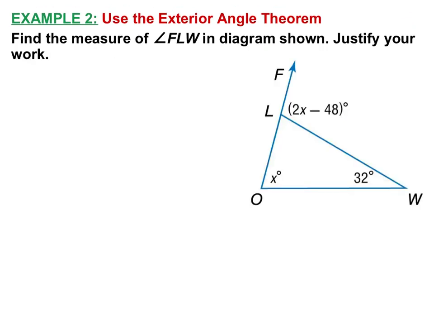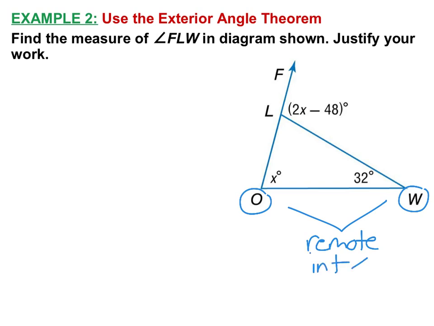Sometimes we have to work with algebraic expressions. We can see here that angle O and angle W are the remote interior angles. They are non-adjacent to this exterior angle that is created when the side length is extended past the vertex L. So this is the exterior angle.